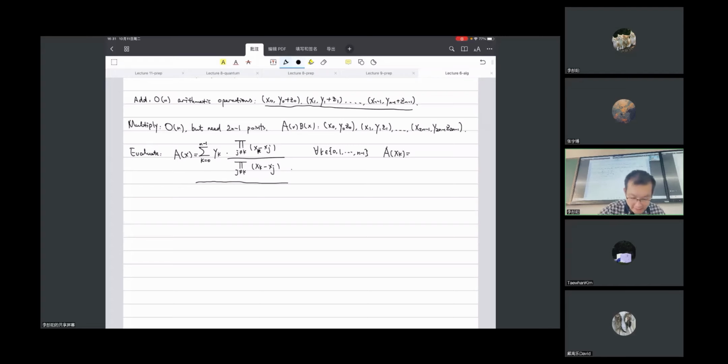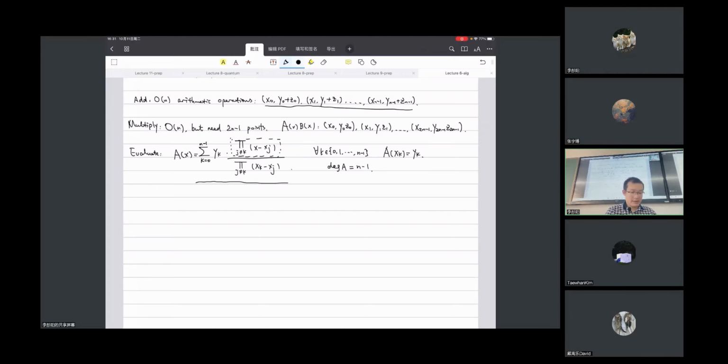So this is suggesting that for arbitrary k, from 0, 1 to n minus 1, the value of a of xk just equals yk. And on the other hand, the degree of a just equals n minus 1, because this is the part where you have the variable x.